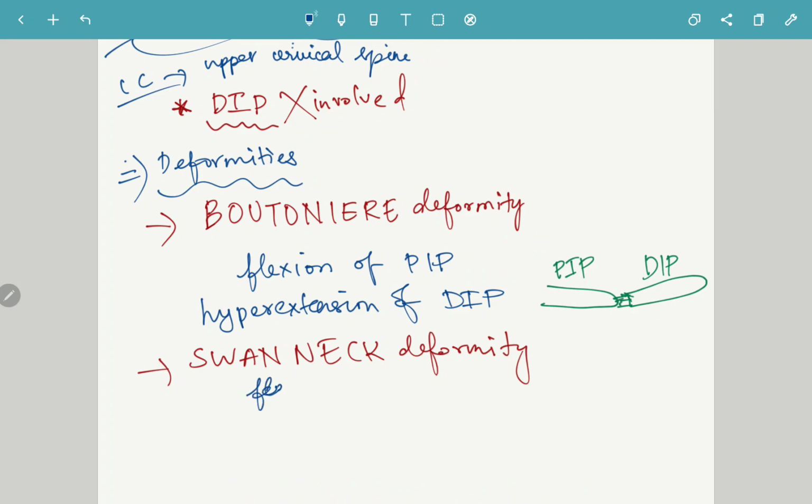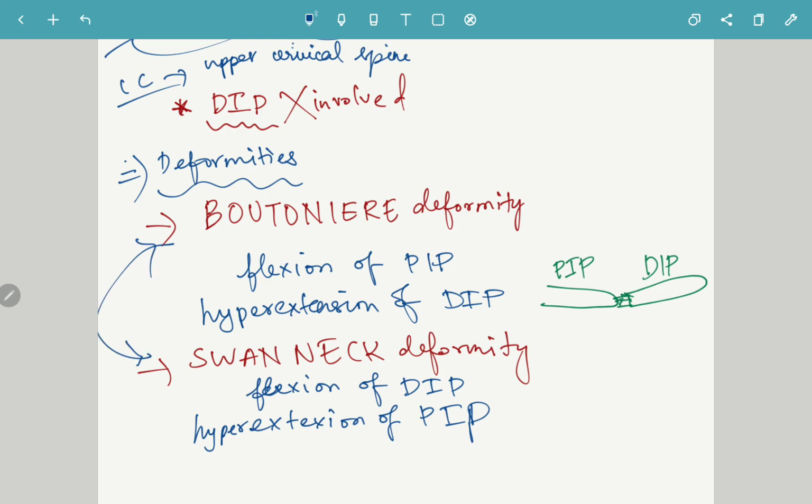There is going to be flexion of the distal interphalangeal joint and hyperextension of the proximal interphalangeal joint. These both deformities are exactly the opposite.